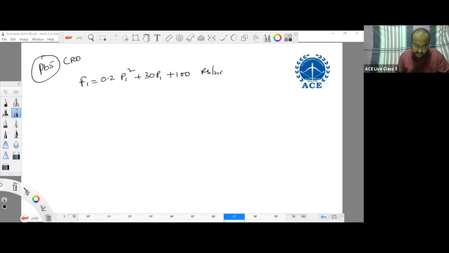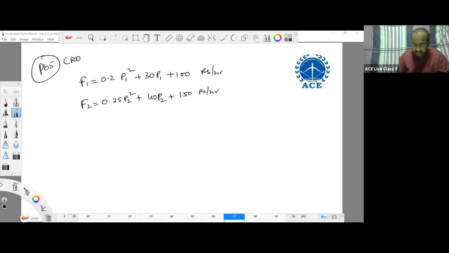And F2 is equal to 0.25 P2 square plus 40 P2 plus 150 rupees per hour.